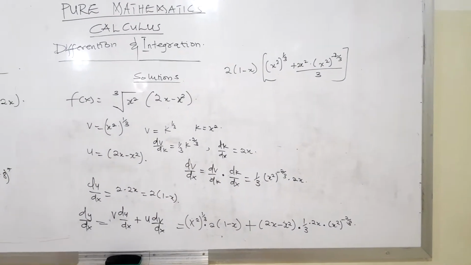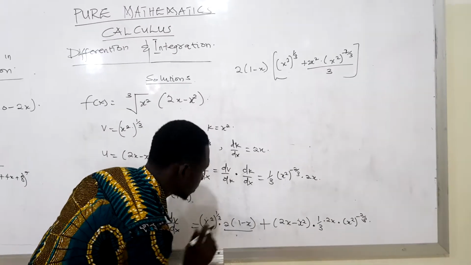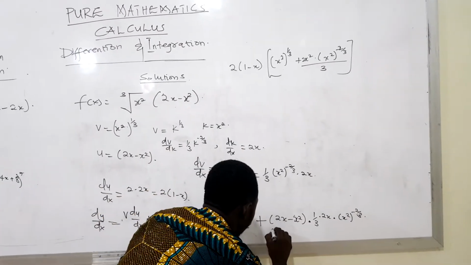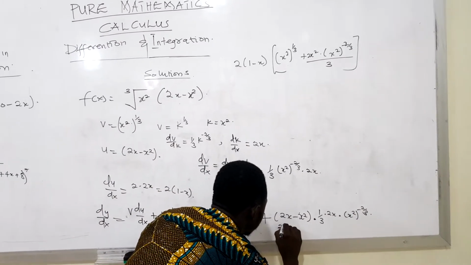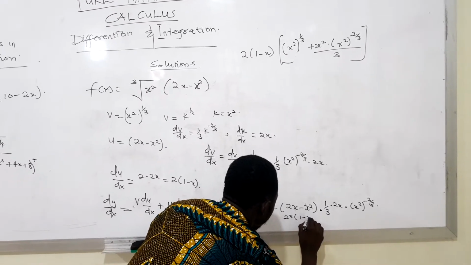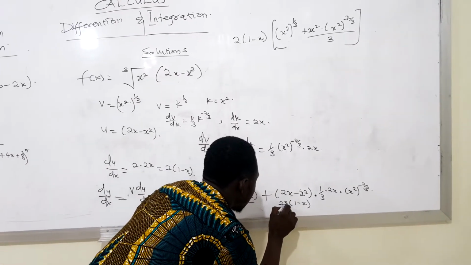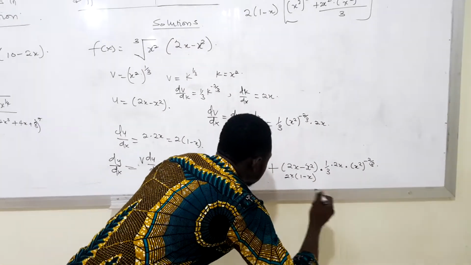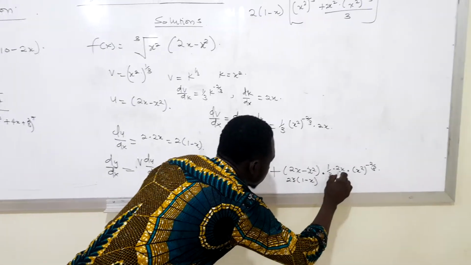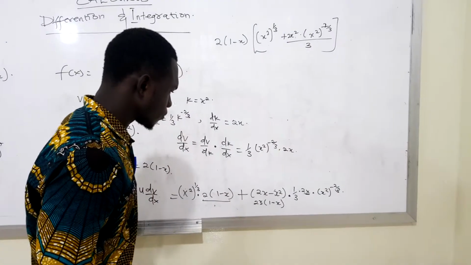Why am I saying this? I'm factorizing this, and in this case, I can factorize 2x out, giving me the expression 1 minus x. Then, since this x is multiplying through the expression, this x multiplies with this, giving me 2x squared over here.